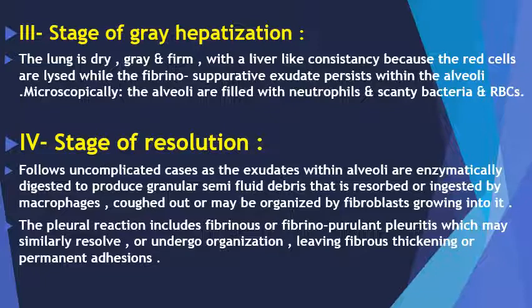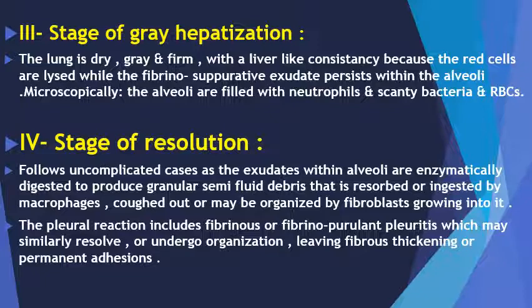The pleural reaction in pneumonia includes fibrinous or fibrinopurulent pleuritis, which is the main cause of pleuritic chest pain, because the patient with pneumonia will have a pleural reaction due to inflammation.